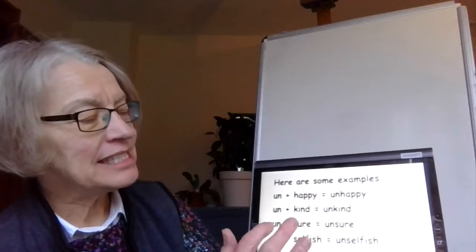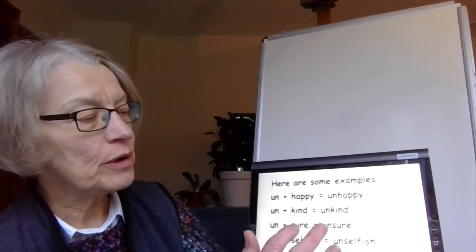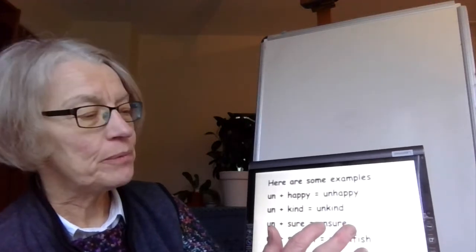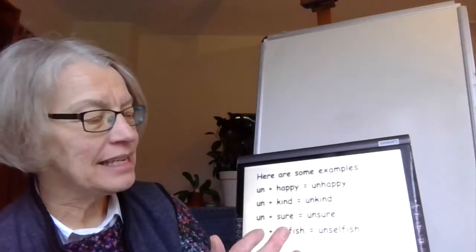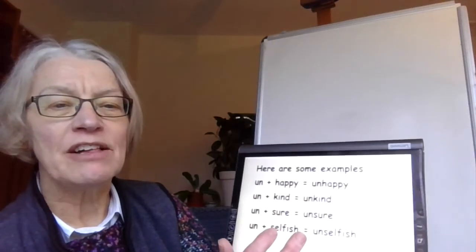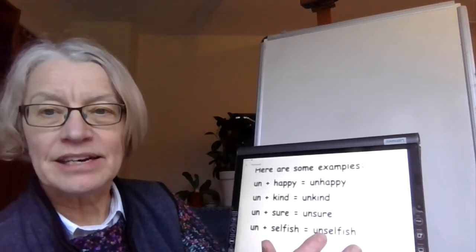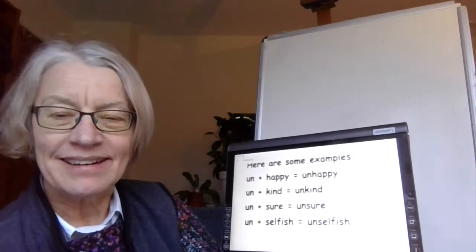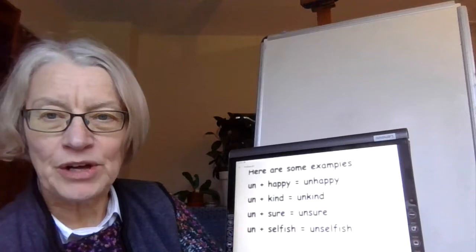We can add the letters UN to the word sure, and it makes the word unsure. And we can add the letters UN to the word selfish, and it makes the word unselfish. So UN is the prefix to each of these words.